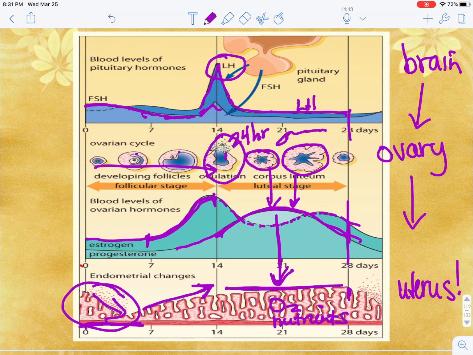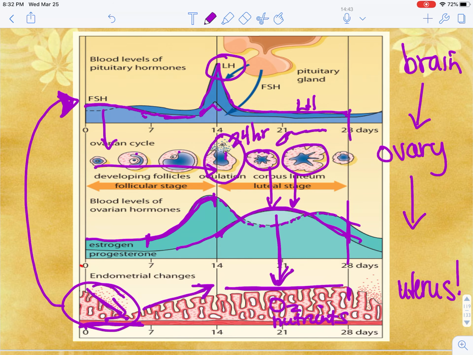So that first 7 days is the days when the endometrium is being shed, and that stimulates our FSH to kick back in and say, hey, there was no pregnancy, the lining is being shed, so FSH is now stimulated to start production of a new egg, development of a new egg.